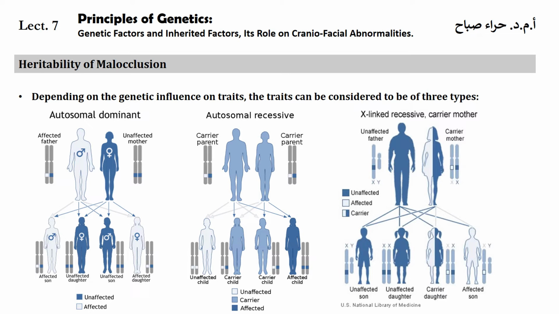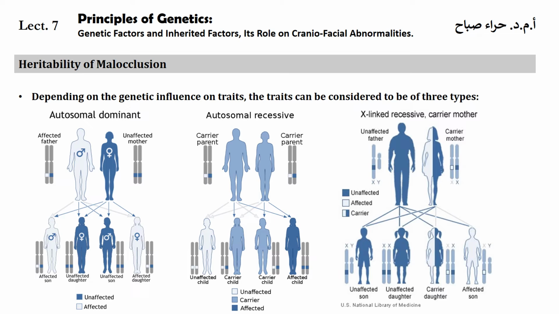In the autosomal dominant trait, as we see here, if the father is affected and the mother is unaffected, we can get an unaffected son with an unaffected daughter and an affected daughter with an affected son. In this type of autosomal dominant trait, half of the siblings would be affected and the other half would be unaffected.